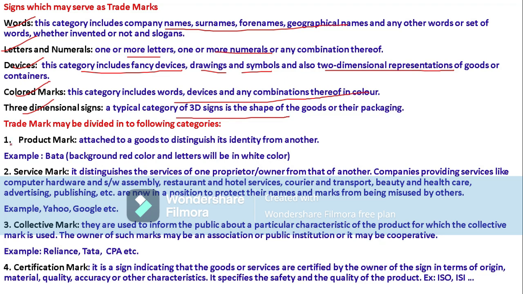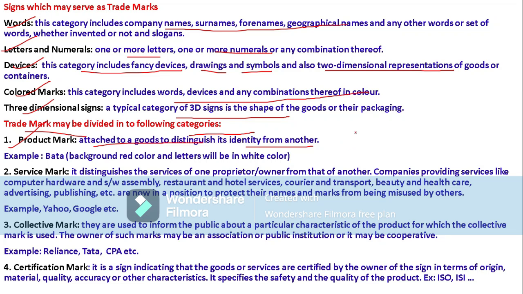So what are the categories of trademarks? Totally we have 7. The first one is product mark. What does product mark mean? A product mark is attached to goods to distinguish their identity from another.